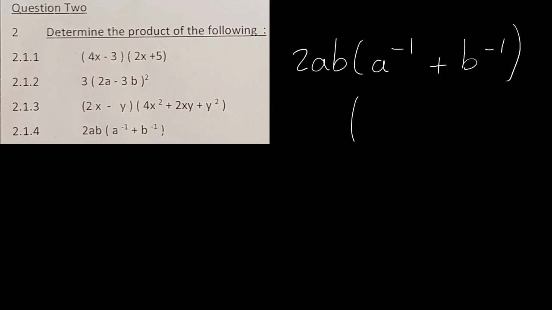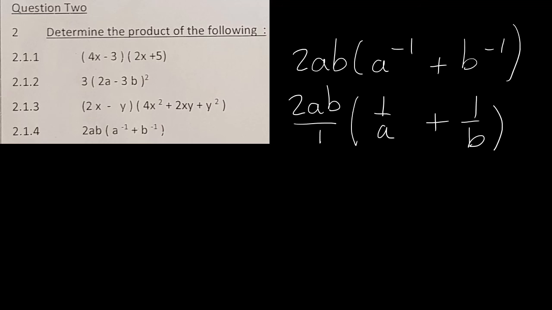Okay, 2.1.4, basically all we need to realize here is there is a law of exponents for a to the minus 1 and b to the minus 1. So remember, this can be written down as 1 over a plus 1 over b. These are laws of exponents that you should know. And so I will write this down as 2ab over 1, just to show you that when we multiply, these letters can cancel off.